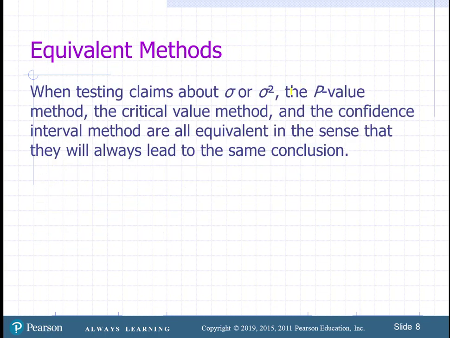Now, we are going to look at the critical value method, but we're going to focus on the p-value method, and we'll use StatCrunch to do that. All of them will always lead to the same conclusion.